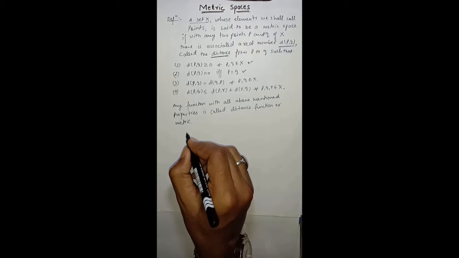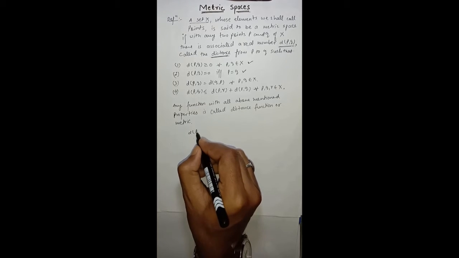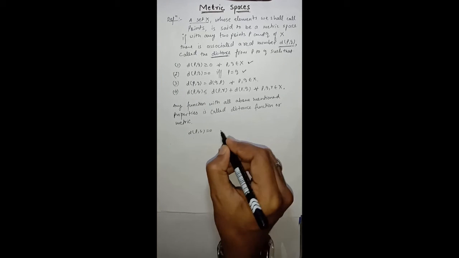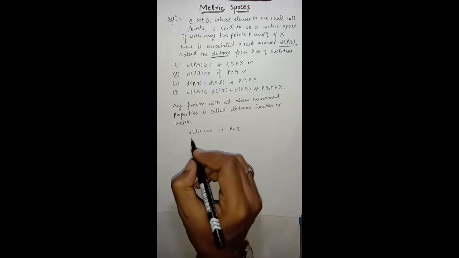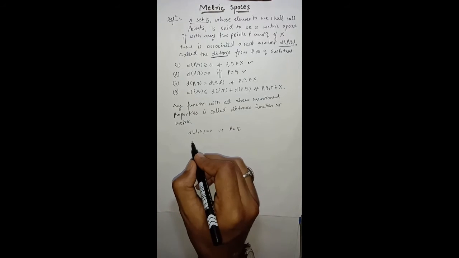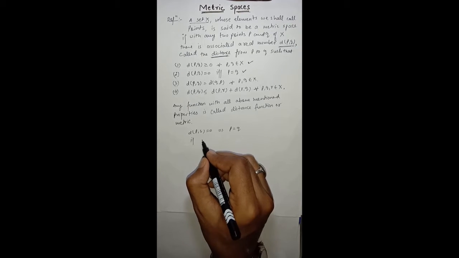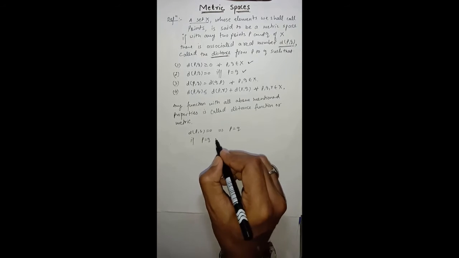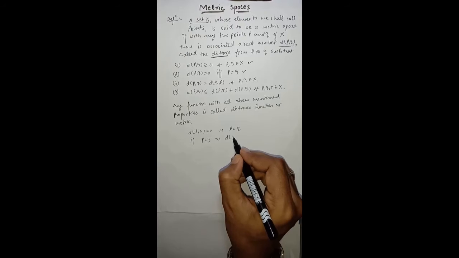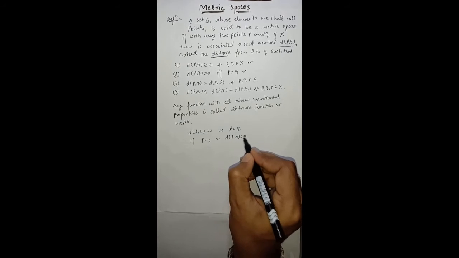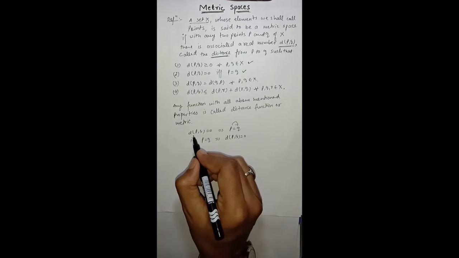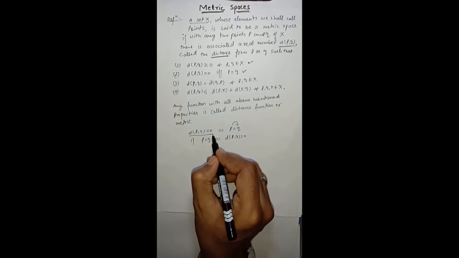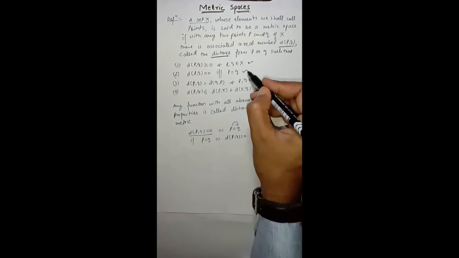That is, if d(P, Q) is equal to 0, this implies P is equal to Q, and conversely, if P is equal to Q, this implies the distance between P and Q is 0. That means if the points coincide, the distance between the 2 points is 0.